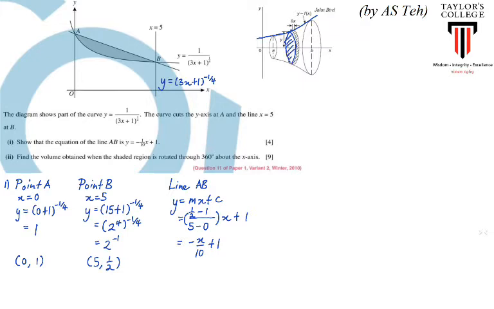The area of a disc, A, would be pi r squared, but in this case r is your y variable, so it's pi y squared. That only gives you area. The volume element is attained when you multiply by delta x. So delta V, the volume element, is given by pi y squared delta x.